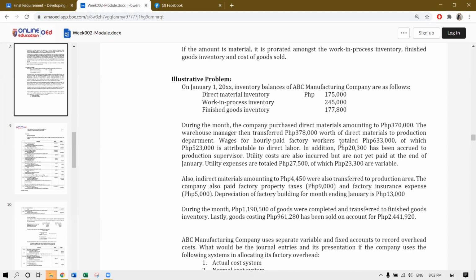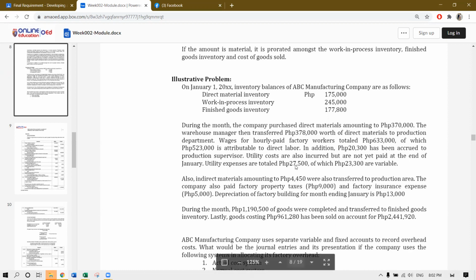It's because it is not dependent on the number of production, on the number of hours incurred or used in the production. So these are fixed overhead costs. Same with the depreciation of factory building for month ending January, which is 13,000.